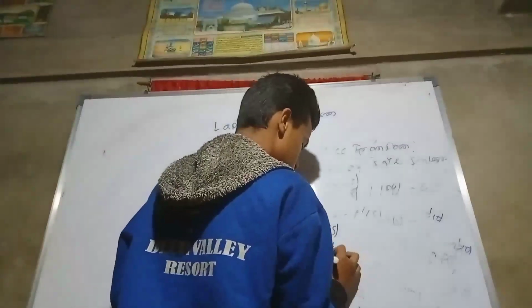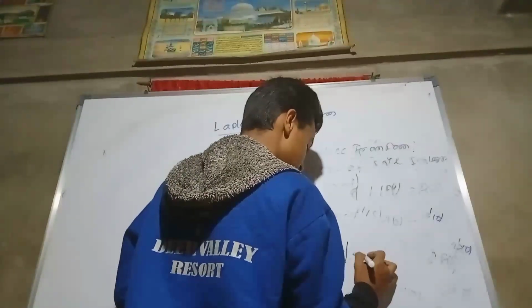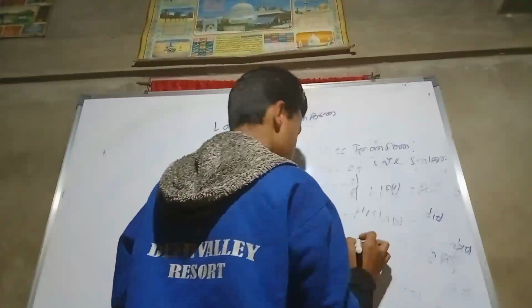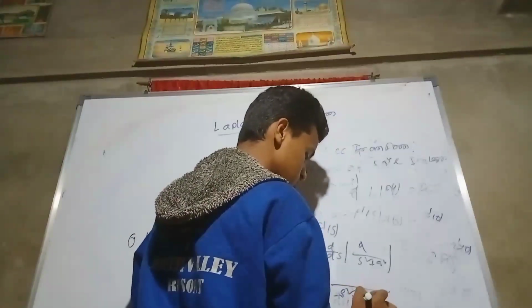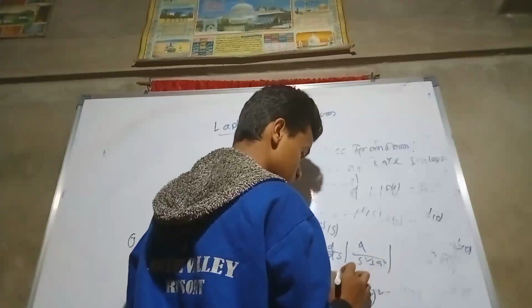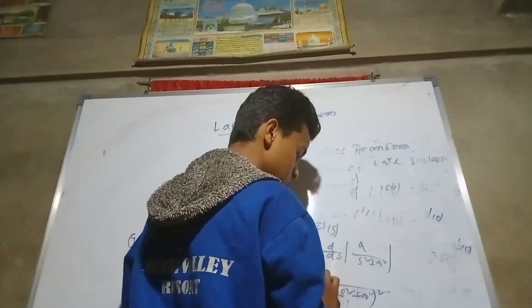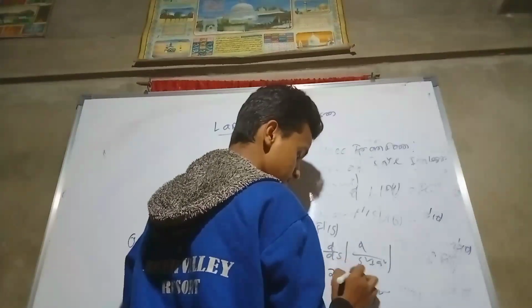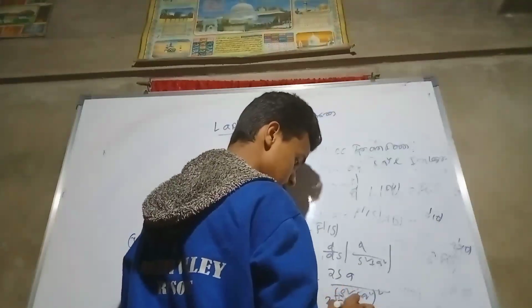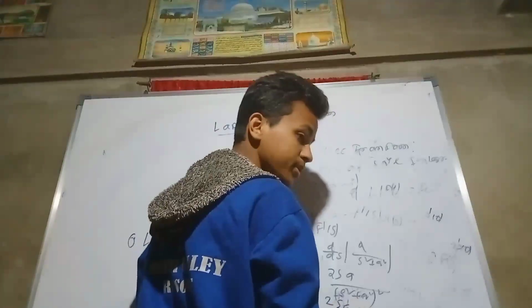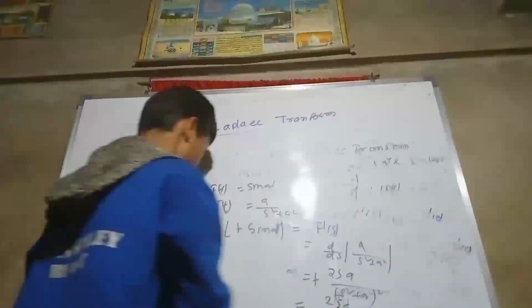So differentiating, d by ds of a upon s square plus a square. So after differentiation we get s square plus a square whole square. So that 0 there is nothing. So that will be plus 2s into a, 2 s a upon s square plus a square whole square. That is our derivative.